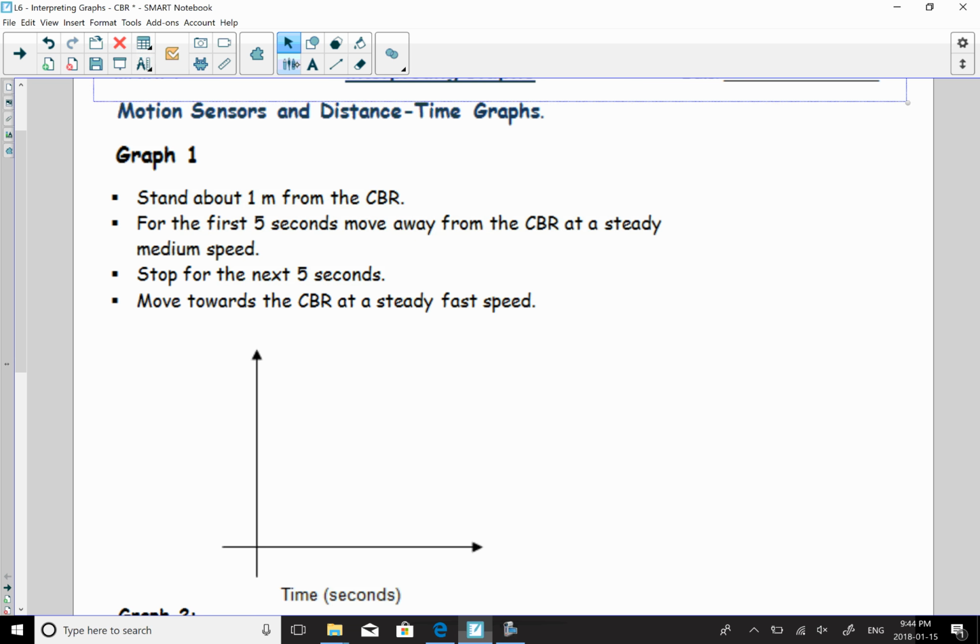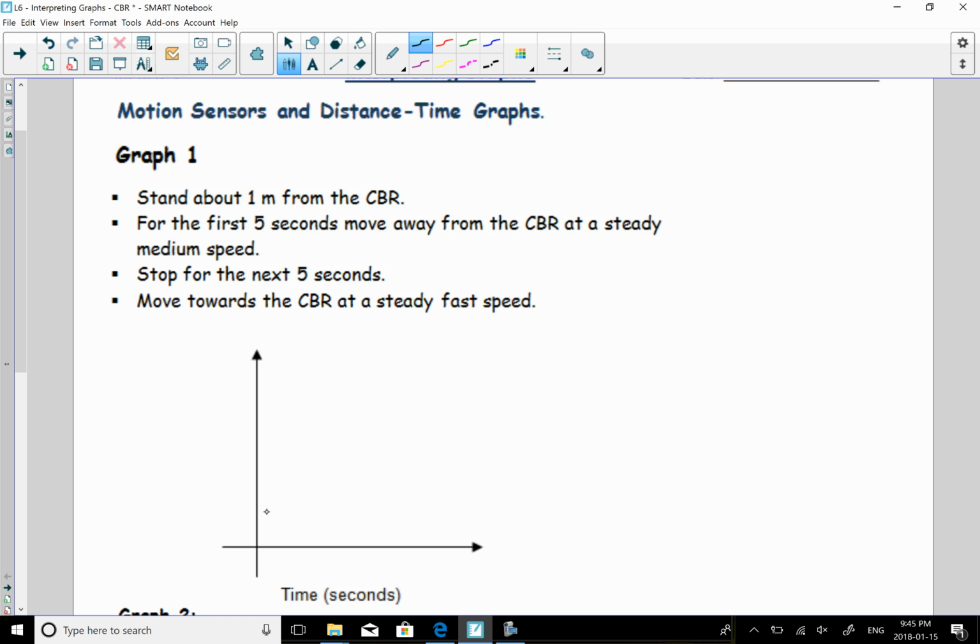I'm going to actually draw in that I was 1 meter from the CBR. So this is my distance from my original place. Actually start here. 5 seconds approximately, I went at a steady rate.